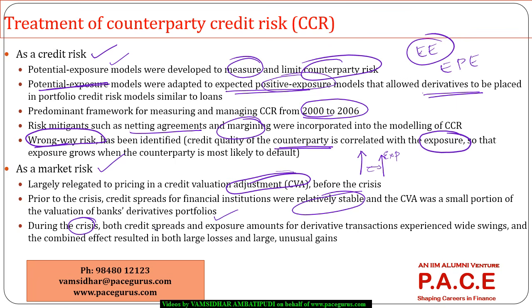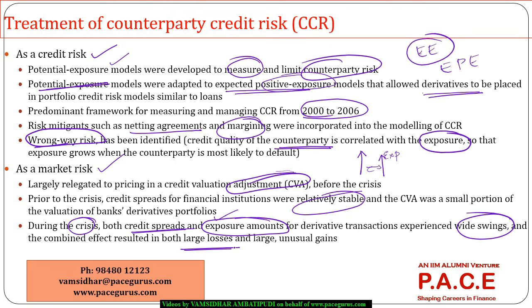But during the credit crisis, we have seen that the credit spreads widened, and as the credit spreads are widening, the possibility of default is increasing, but at the same time the exposure amounts were also increasing quite drastically. There was a lot of volatility in the exposure amounts as well as credit spreads. None of them were stable.